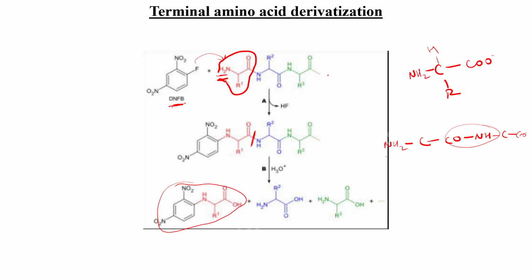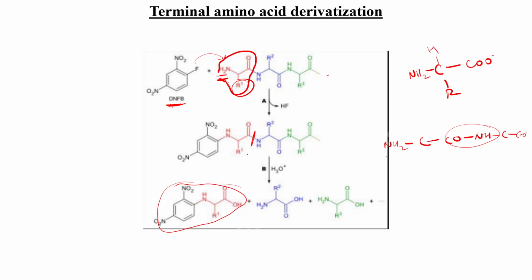So what we can do, we can have all 20 free amino acids react with DNFB. We can make a standard, and separate it on HPLC or TLC. Each amino acid will have a characteristic R group, and thus a characteristic end product, that is the complex with the DNFB.